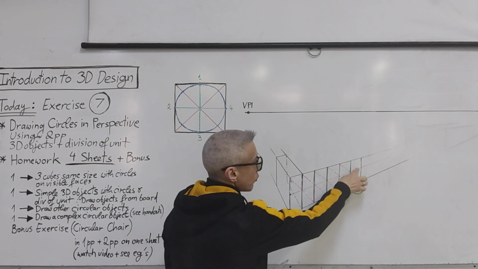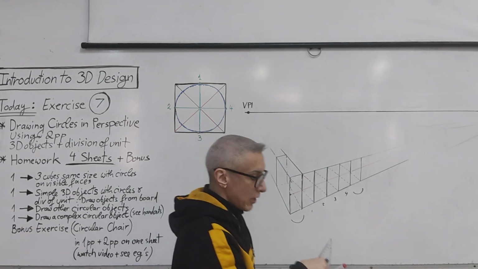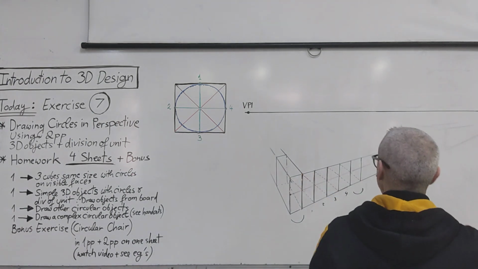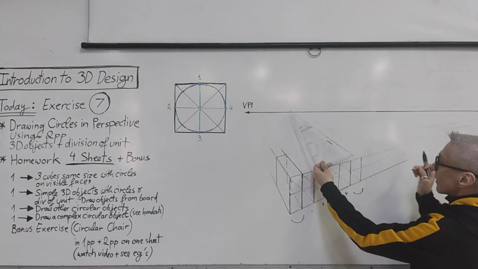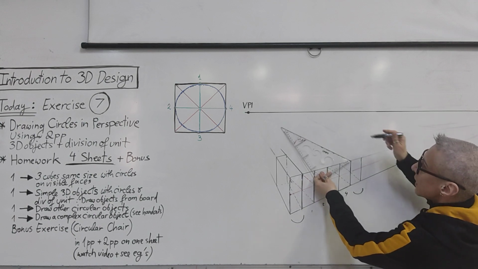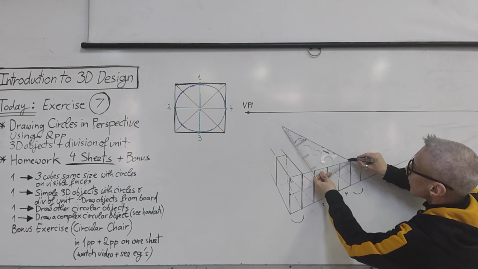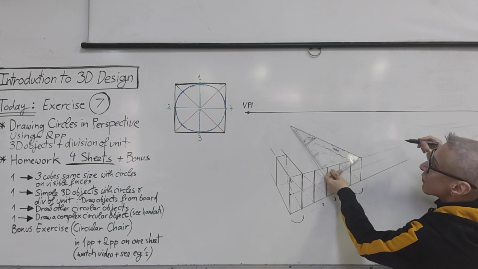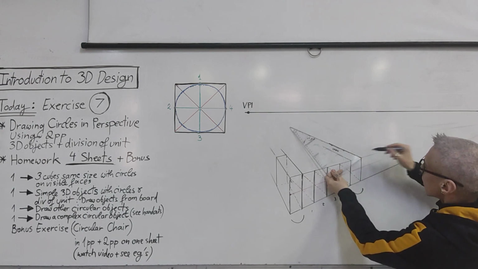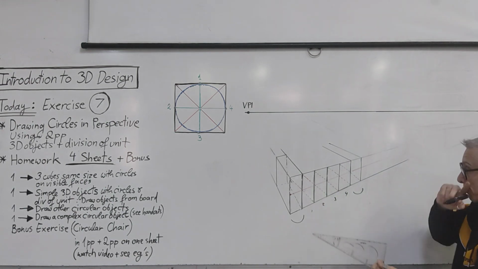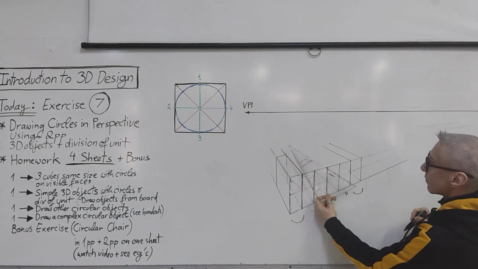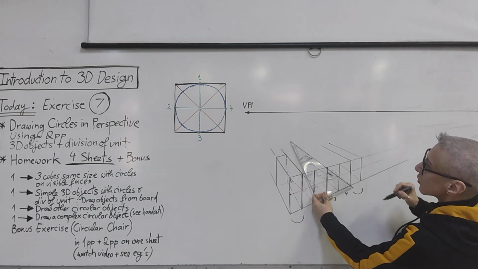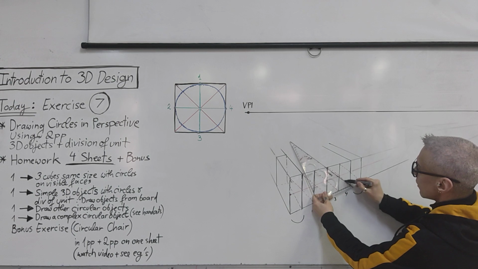Now, I need to complete the final object like it is here. So we will take to the vanishing point. From here to the vanishing point. From here to the vanishing point. And there will be here hidden also line that go to the vanishing point.